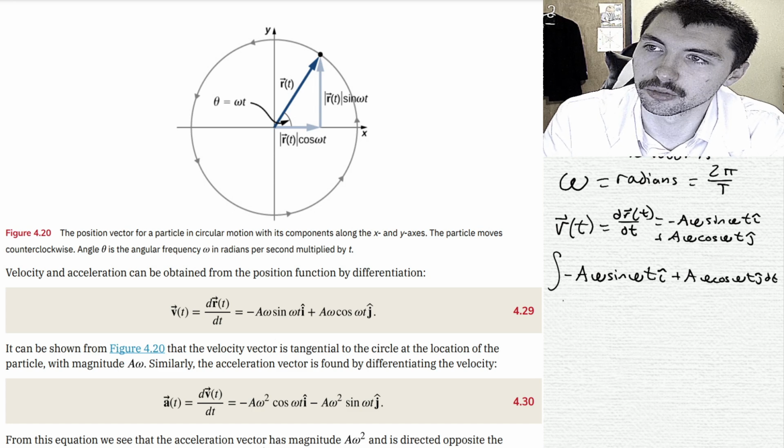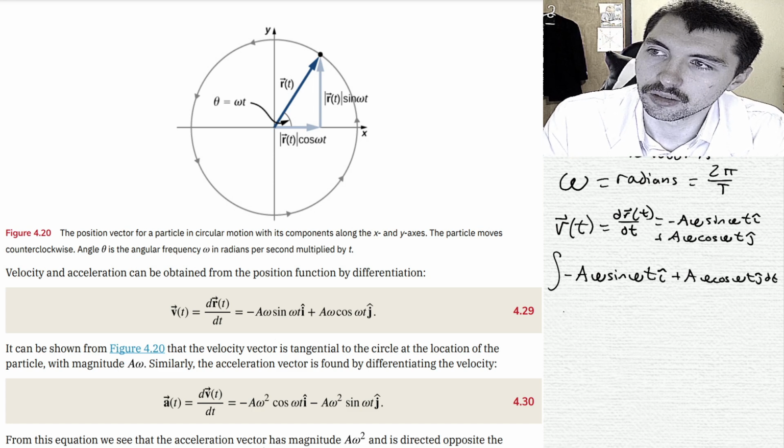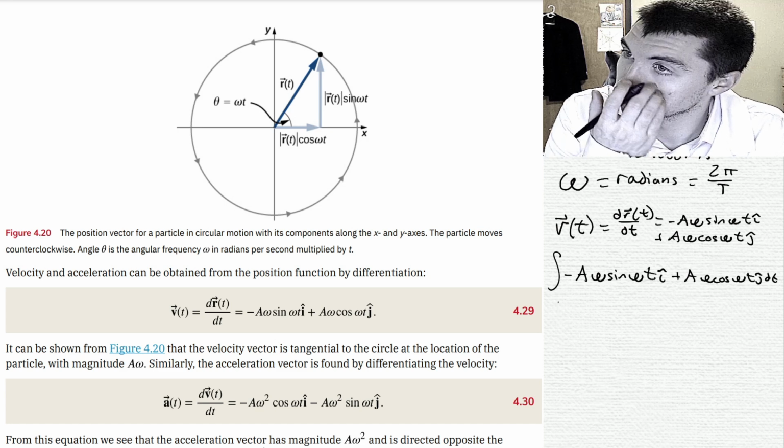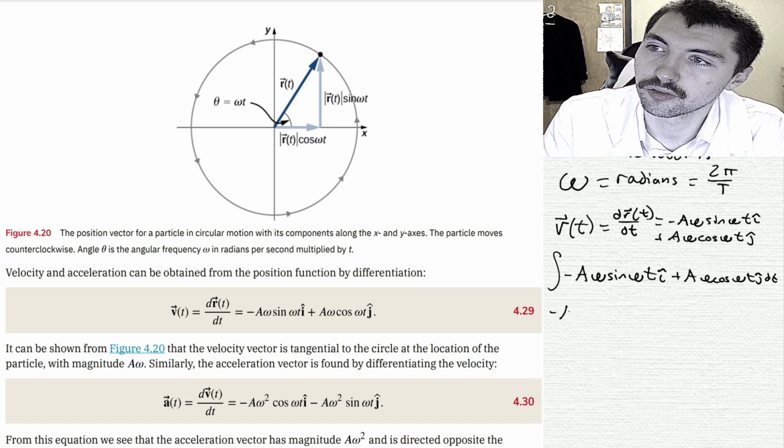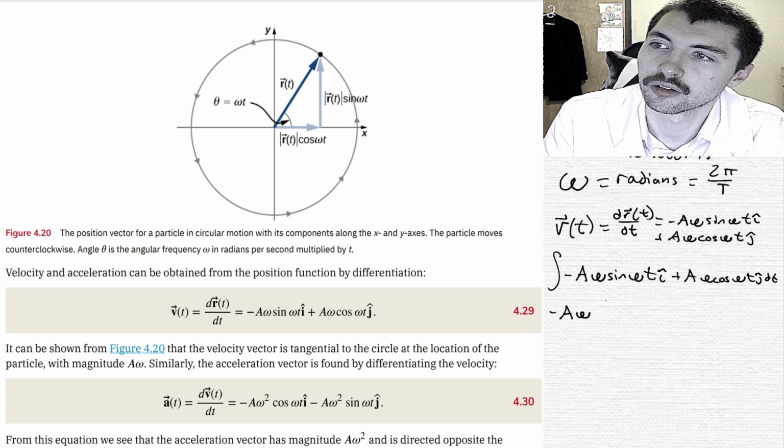And so that's going to be negative A omega. Now it's going to be the integral of sine omega t.